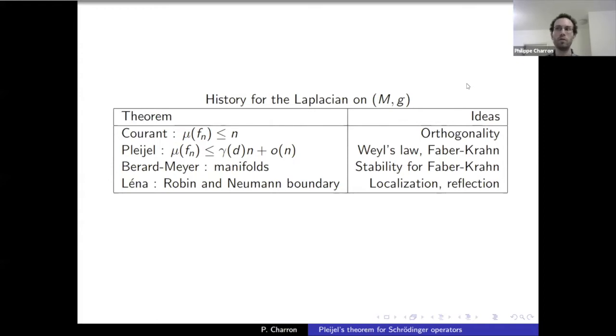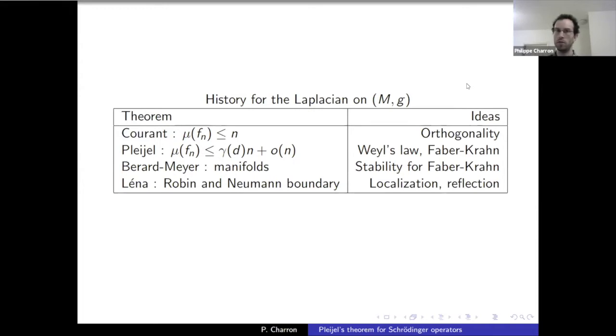Now, in terms of actual direct bound, Pleijel was not a direct improvement, but it's an asymptotic improvement. It tells you that asymptotically, the number of nodal domains does not increase as n, but as gamma of d times n, where gamma of d is a constant which is strictly less than 1, and it has an error term, which is not very easy to control.